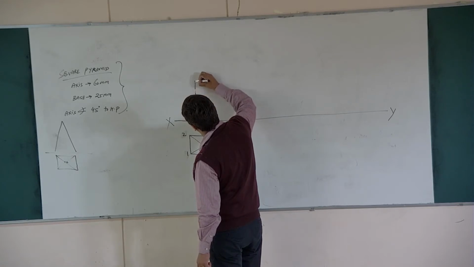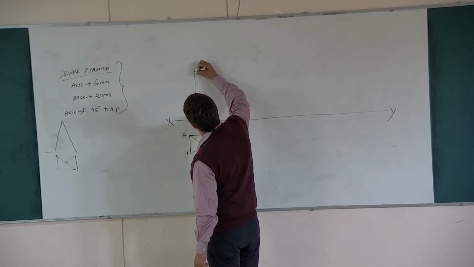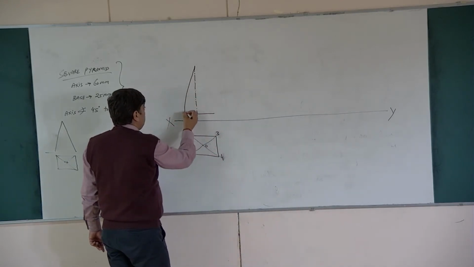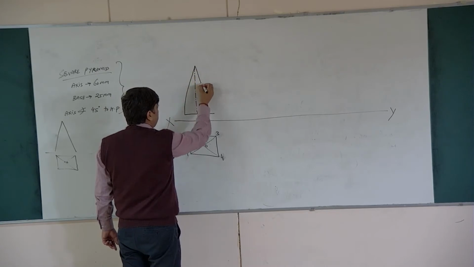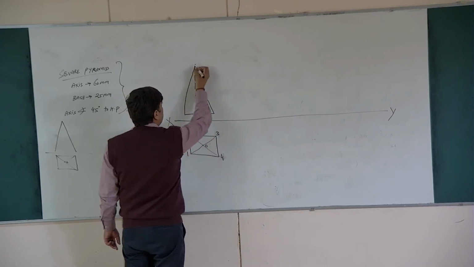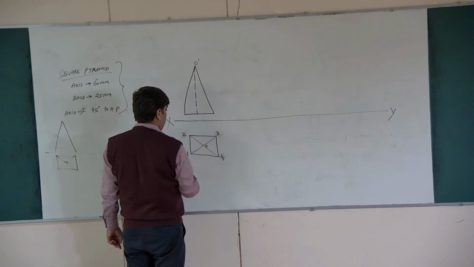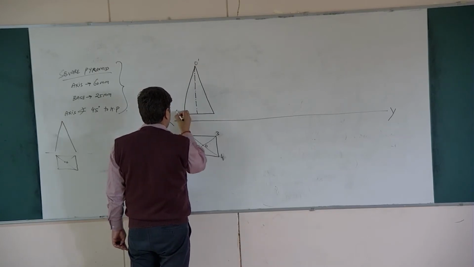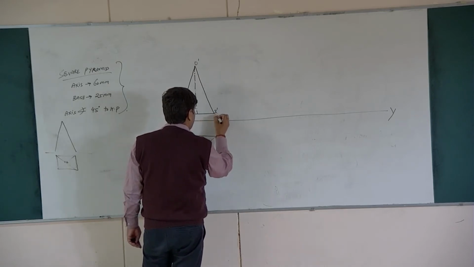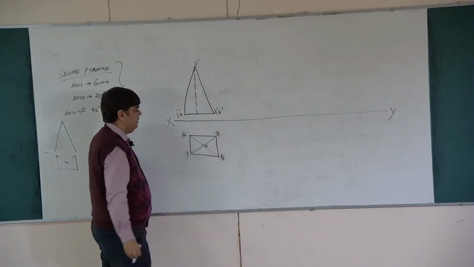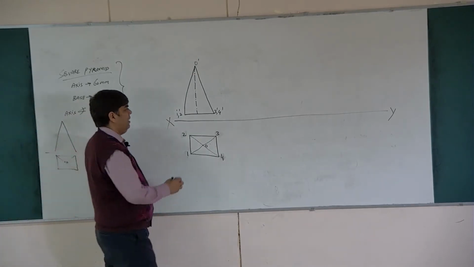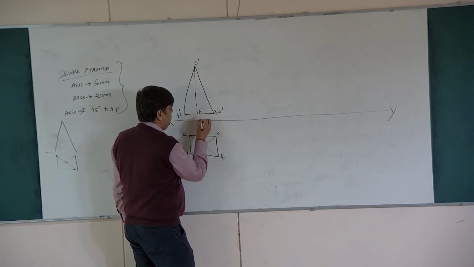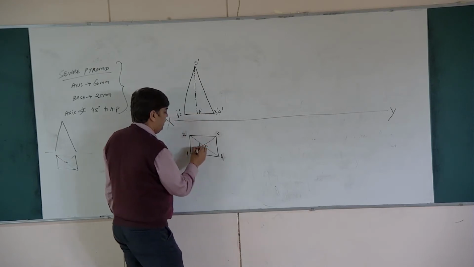Let's say this is 60. So this will be your O dash, and this is your 1 dash, 2 dash, 3 dash and 4 dash. And let us say this is O dash, and this is P dash.